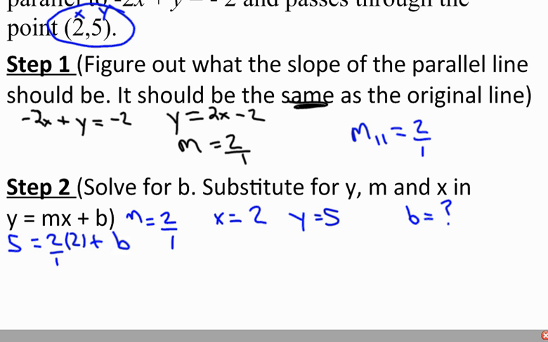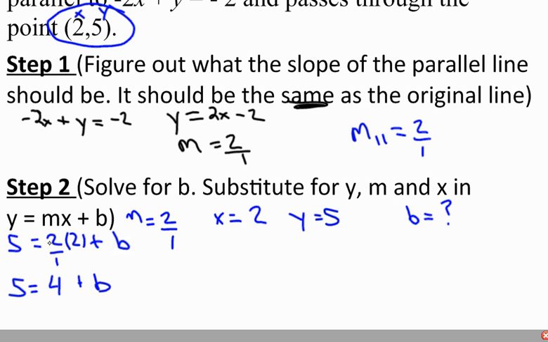So let's go ahead and do that. 5 equals 2 over 1, which is just 2, so this is 2 times 2, which is 4, so you get 4 plus b. I keep writing my b's weird, sorry for that, that's a b.